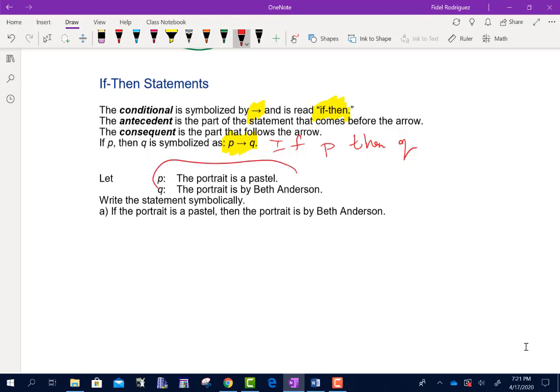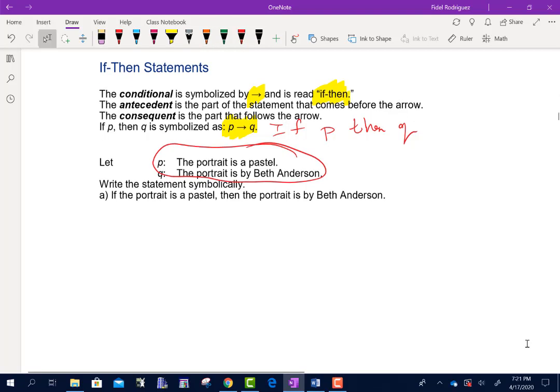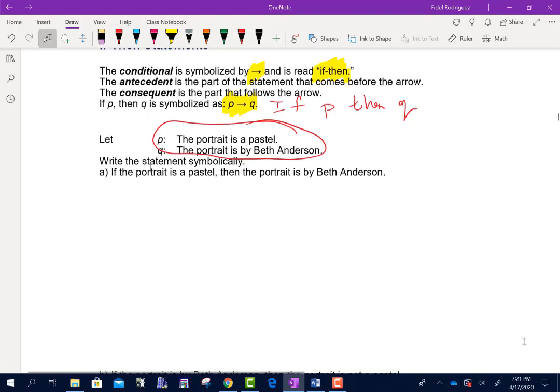So again, we're going to go through the same thing that we did before, okay? So here are my two statements. P is the portrait is a pastel. Q is a statement, the portrait is by Beth Anderson. So look what it says, if then, okay, if then. So the first statement, the portrait is a pastel, that's my statement P. And since it's an if then, I'm going to do this.